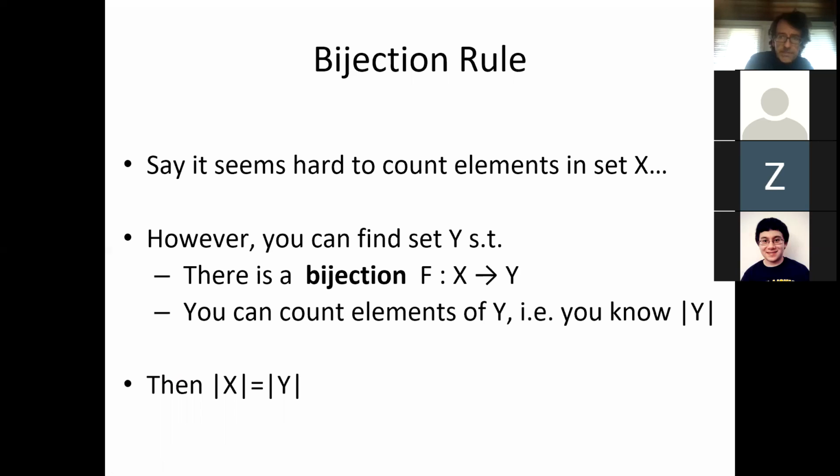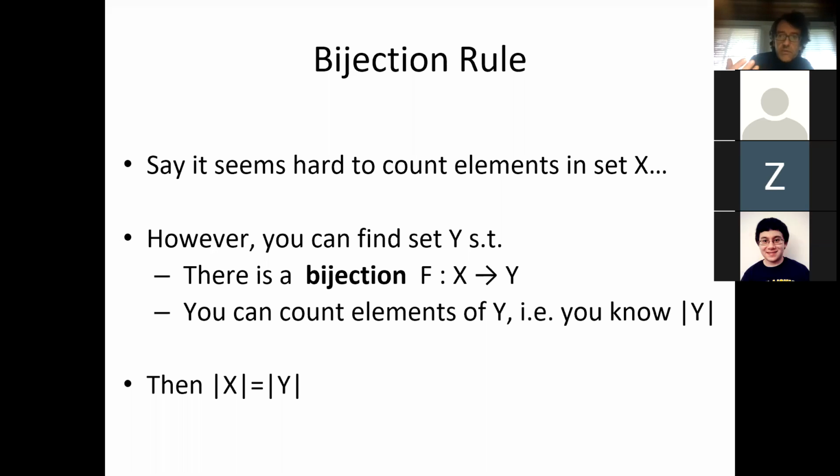If you can find a set Y such that, for the set X whose cardinality you have to count, there is a bijection between the two, and perhaps this other set Y is easier to count.